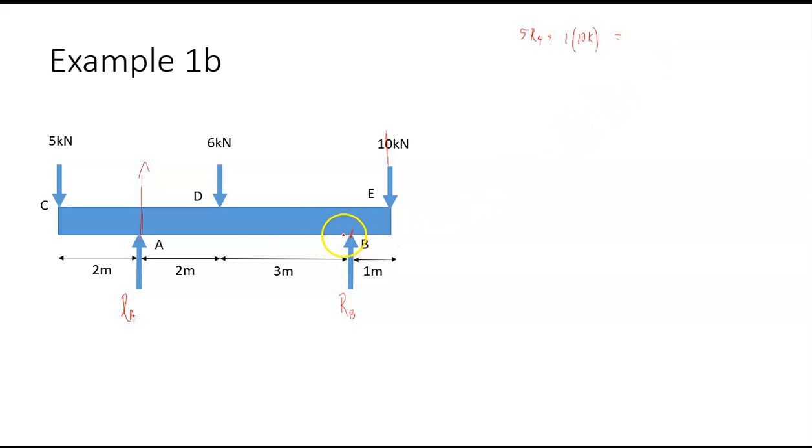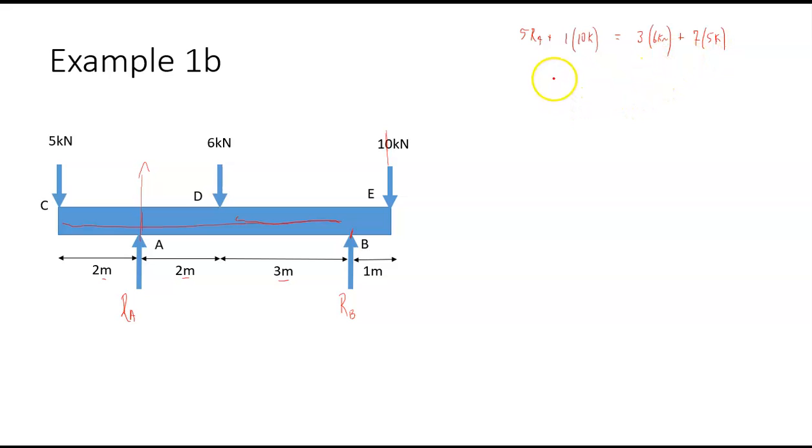And the anti-clockwise moments in this instance is this distance here, which is 3 by 6 kilonewtons, plus this over here, which is 3 and 2 is 5 and 2 is 7, plus 7 by 5 kilonewtons.